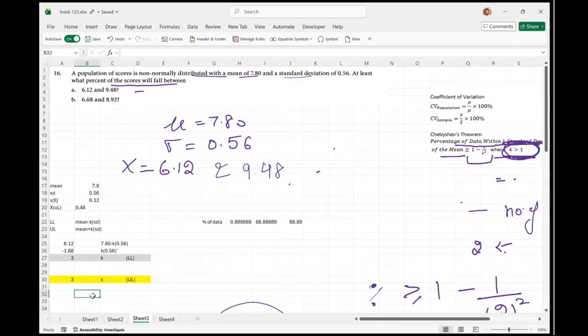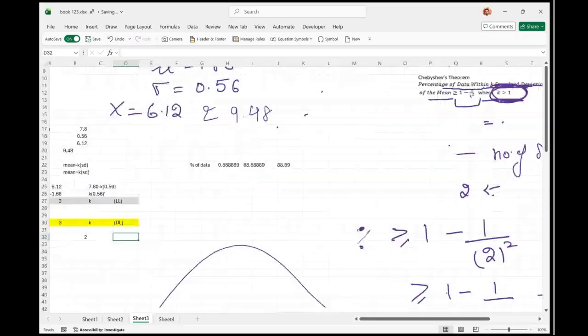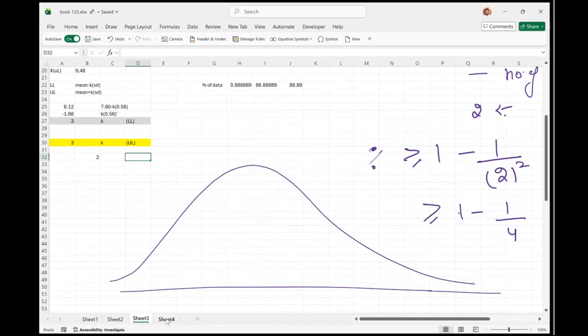Let me quickly check the numbers: 8.92 minus 7.80, divided by 0.56. Yeah, 2 standard deviations. The same goes for the other side also, so 2 standard deviations, which will be 75% of the data.